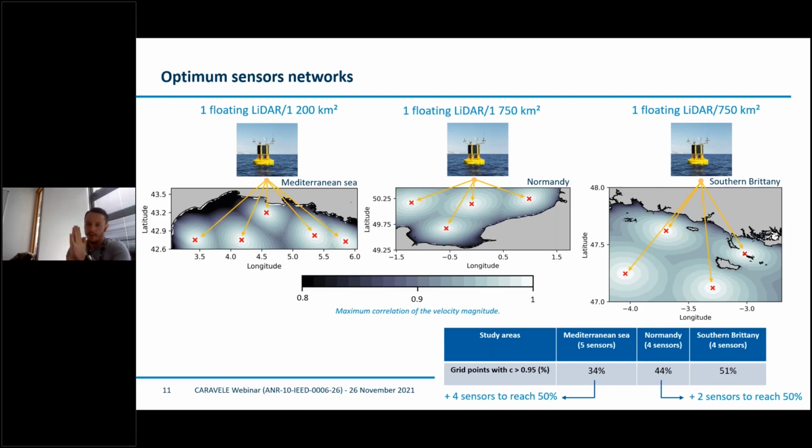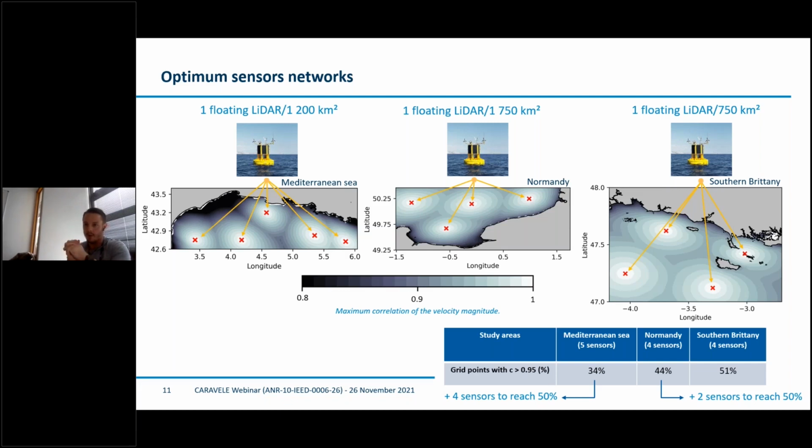With such a sensor network, 34% of the area has a correlation higher than 0.94 in the Mediterranean Sea, 44% of the area in the Normandy region, and more than half of the area in Southern Brittany.